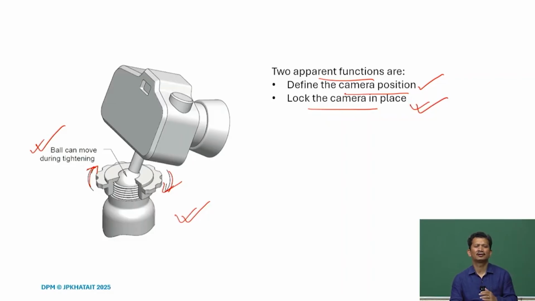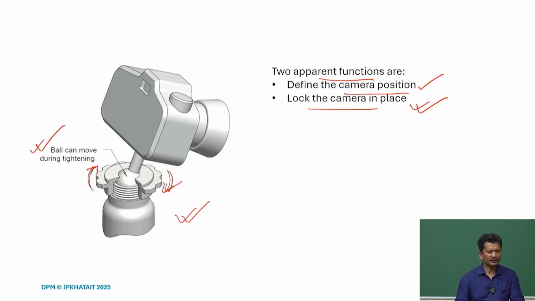Whenever we deliberate on the requirements, it is very important that we understand what the different functions are that we have to achieve, and only then will we be able to eliminate any kind of problem. In this case, first we want to orient the camera, so position it and then lock it.